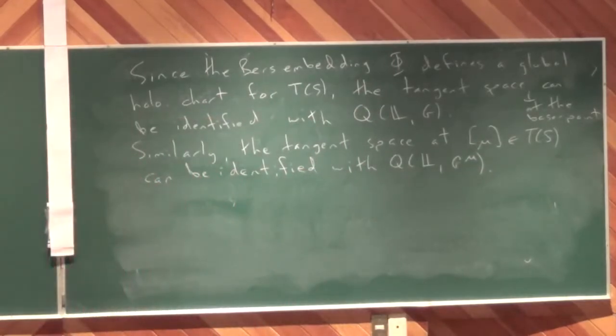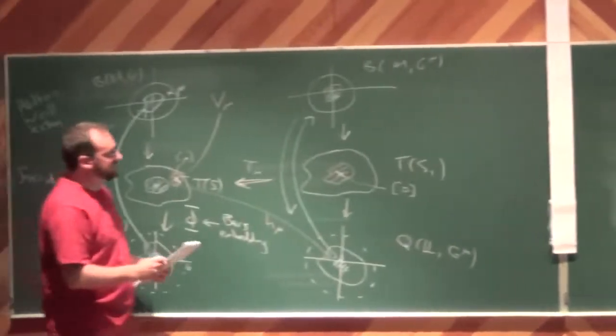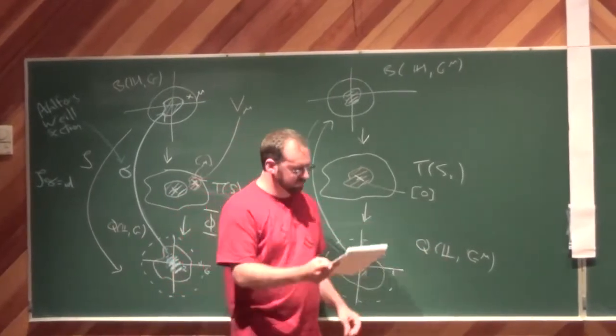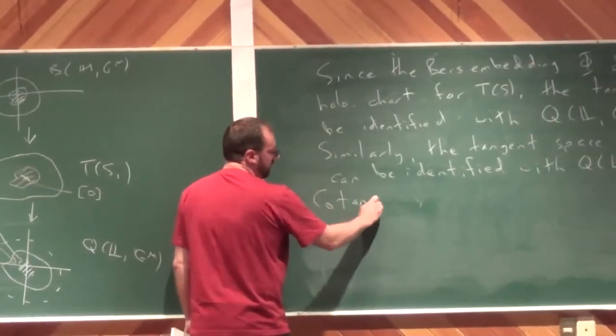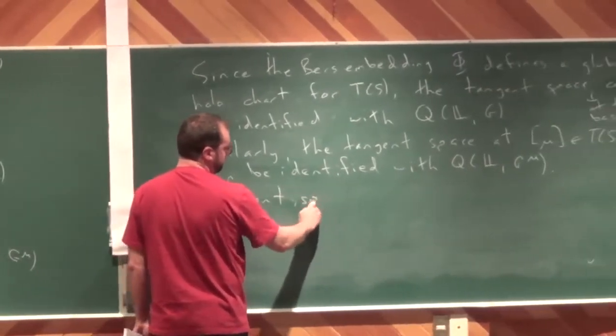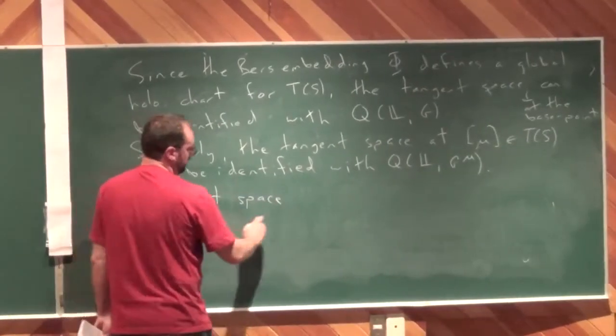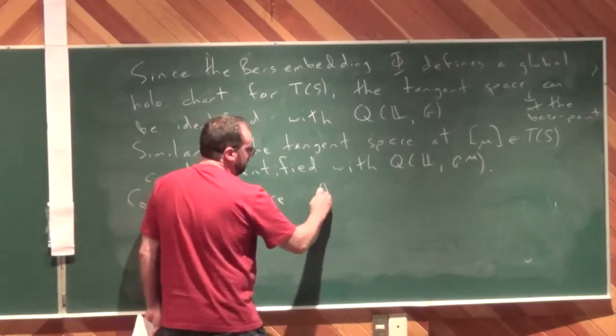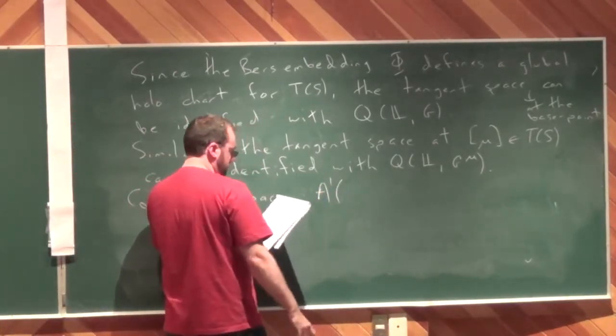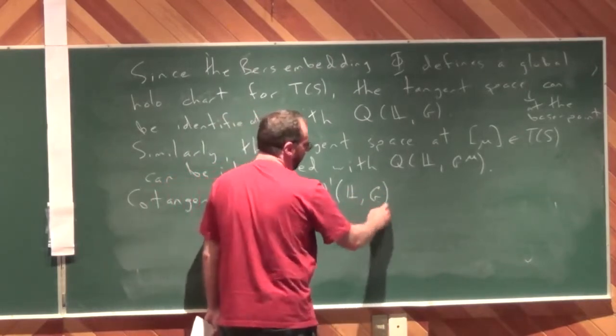So the tangent bundle over Teichmüller space is a collection of all these guys. So what about the cotangent space? Well, it's the Bergman space. Let's call this A1(L,G).